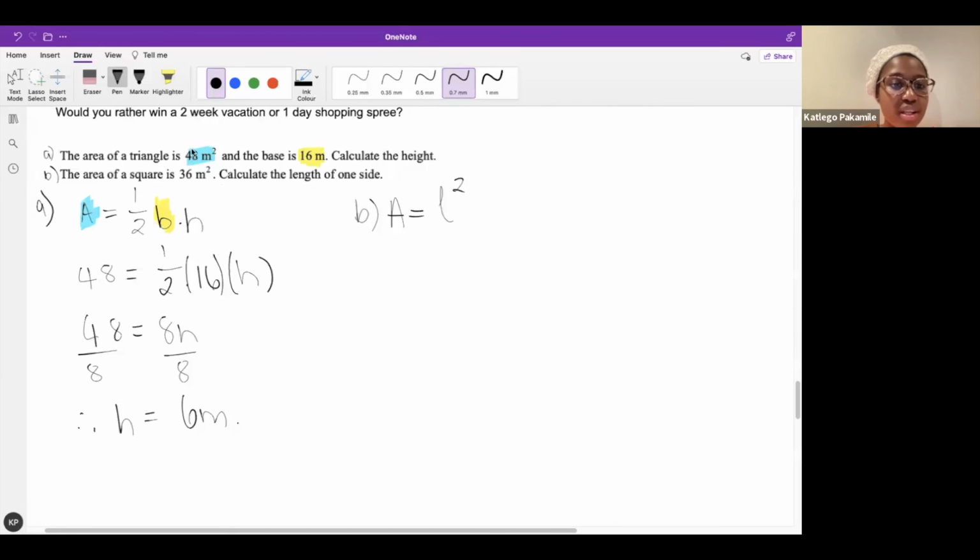So we've been given the area, which is 36 equals length squared. How do I get rid of the squared, guys? Remember, it's length squared. It's not the perimeter. The perimeter is 4 times L, then we divide by 4. But in this case, we are squared. There we go. We square root. Therefore, length is 6 meters.